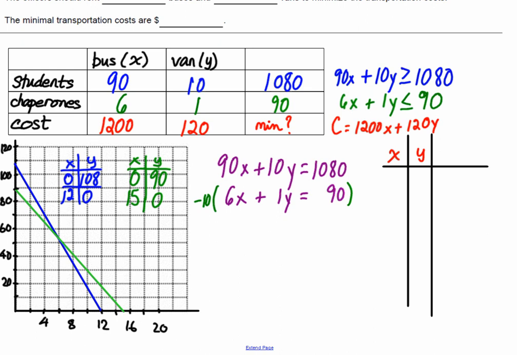Now my new equation will be, I'm just going to write that over. A minus 60x minus 10y, and this plus or minus helps us to eliminate, and this becomes a minus 900.